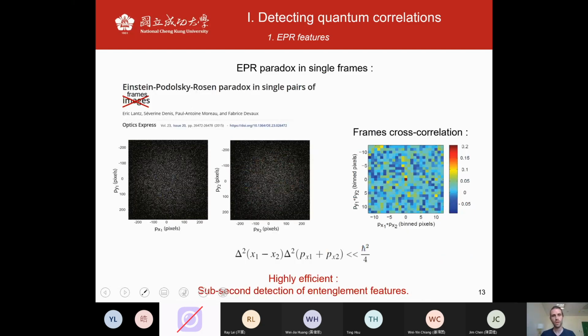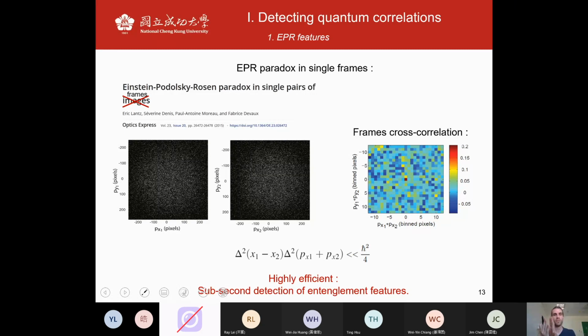Now, in the next demonstration we wanted to show that we were able to use this scheme, and the fact that we are using cameras, and that therefore we are performing highly parallel measurements on each pixel of the frame. We are doing a measurement of the position of the photons and the momenta in the far field.